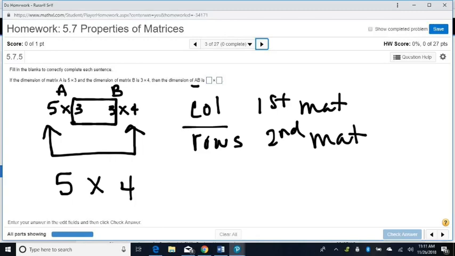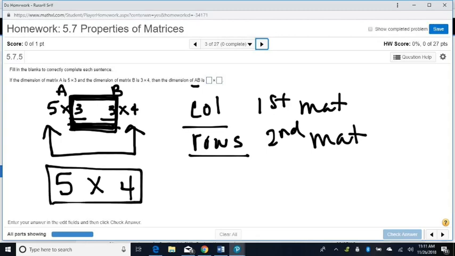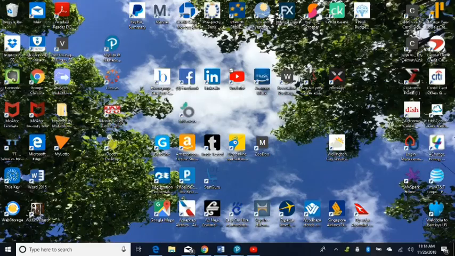So columns and rows have to match, but it's these inside ones, because remember, you have 2 sets of columns, 2 sets of rows. So it's those inside ones that have to match in order for you to be able to multiply together. So in this particular instance, our inside columns and rows match, therefore we could multiply them together, and what we would get in the end is the size matrix of the outside.